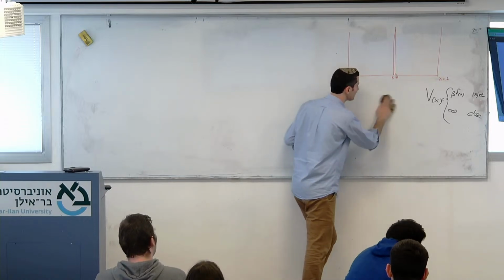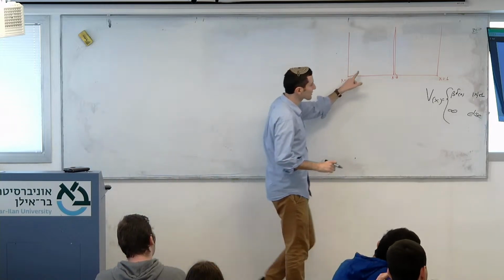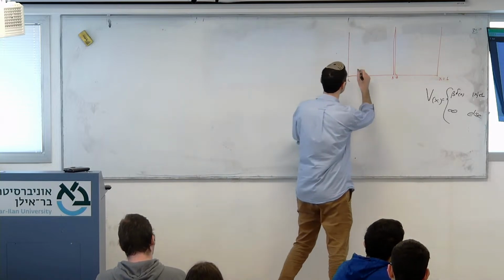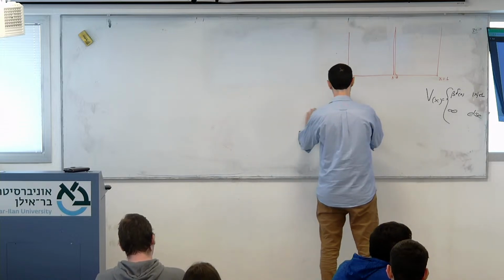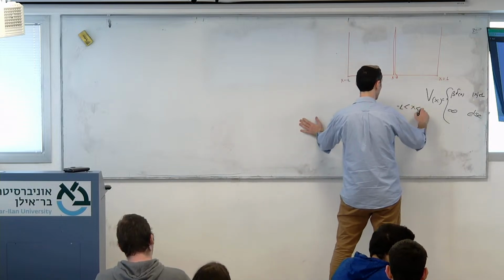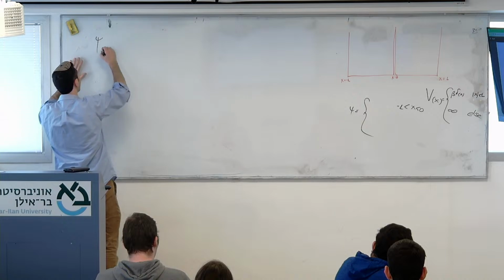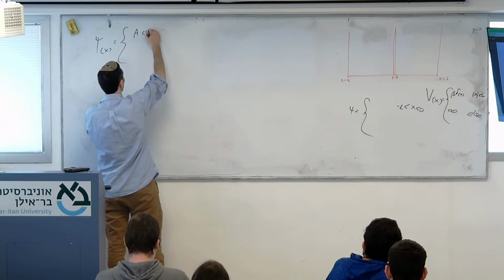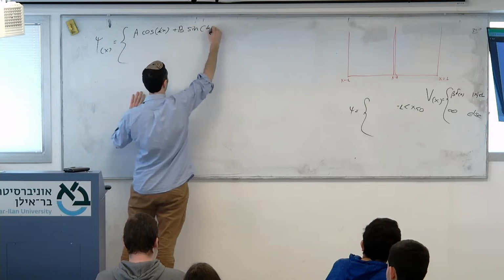So here, I'm telling you that it's more convenient. Instead of writing e to the i kx, it's more convenient to write it as sines and cosines. So I'm going to write here, on the left-hand side, psi of x is equal to, where x is between minus L and 0, psi would be a cosine of kx plus b sine of kx.